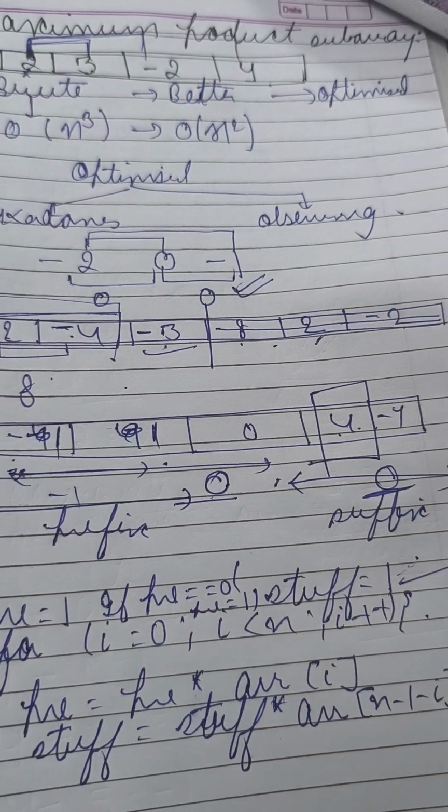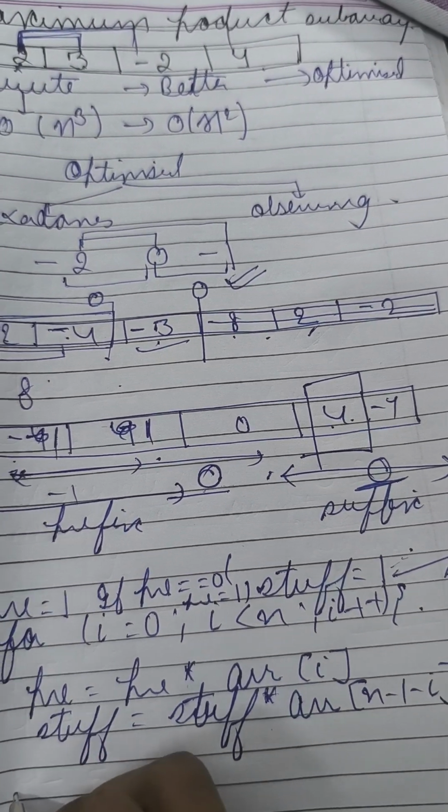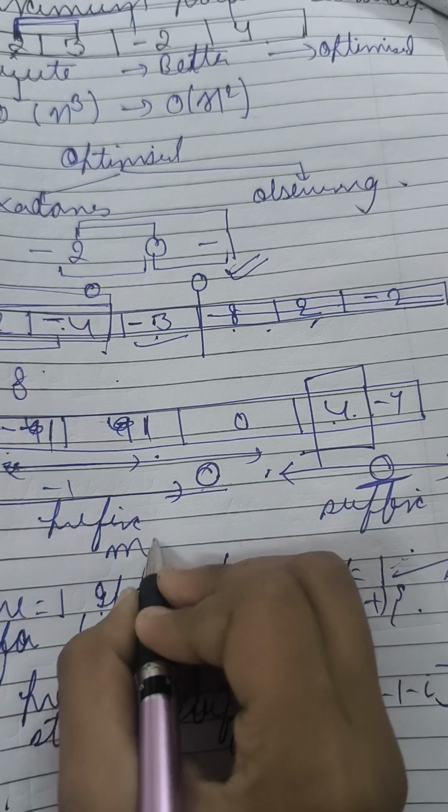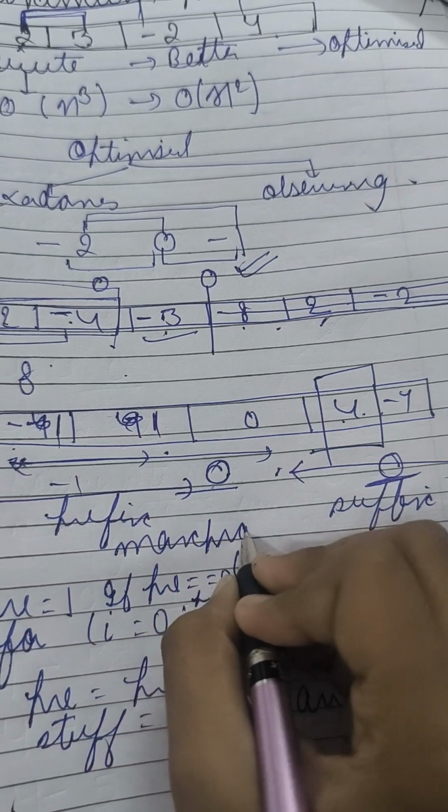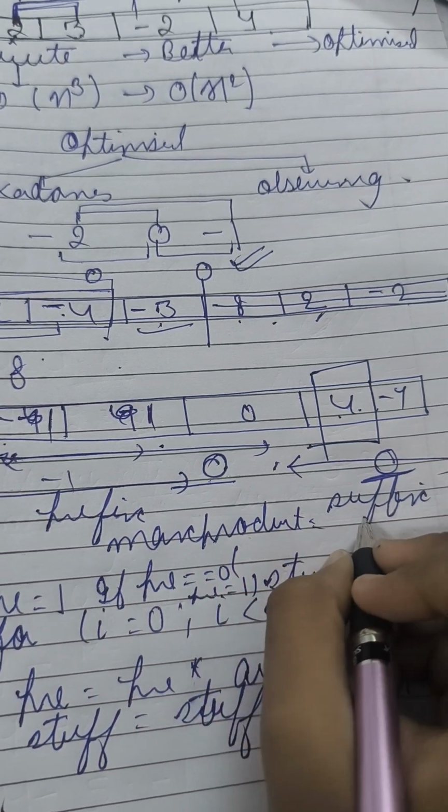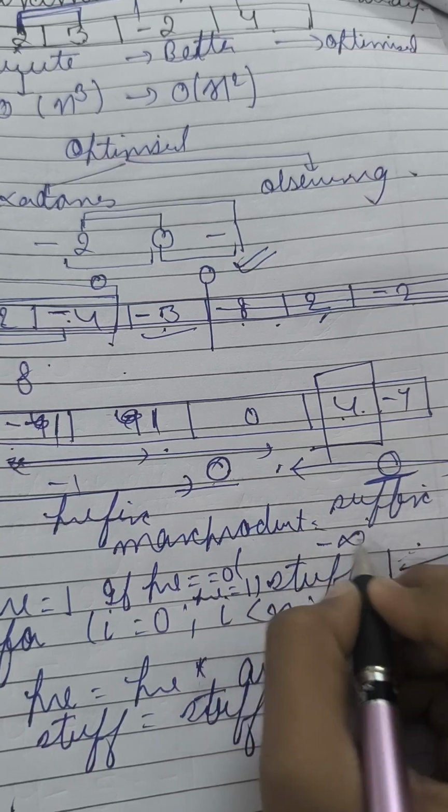And then I have to do that for the maximum product. I am taking one variable called max product, in which I am going to put minus infinity.